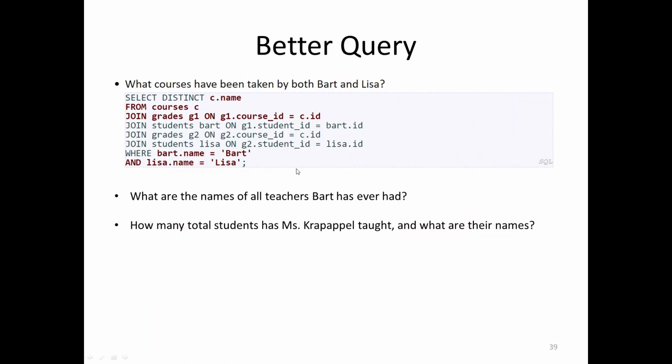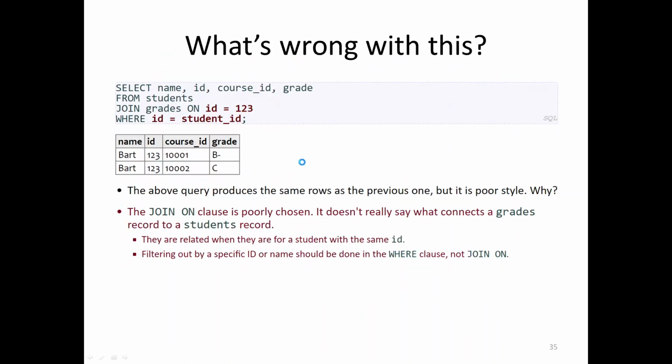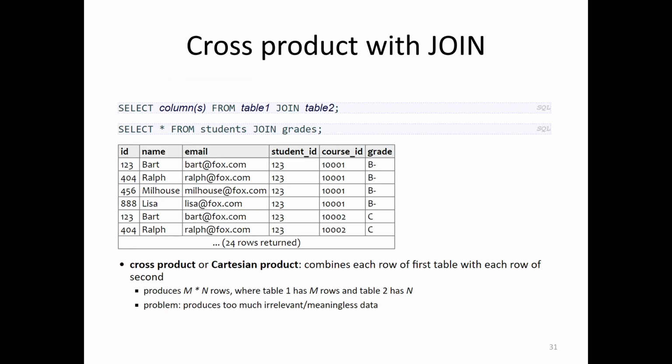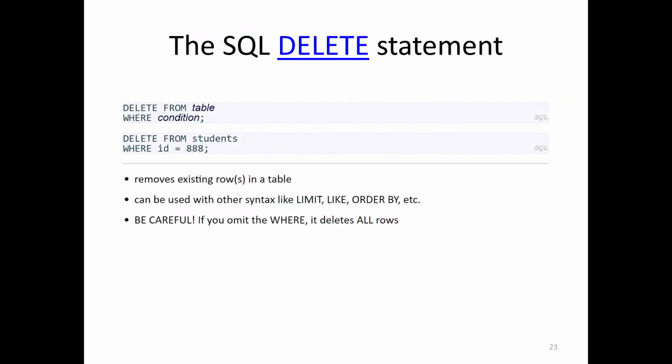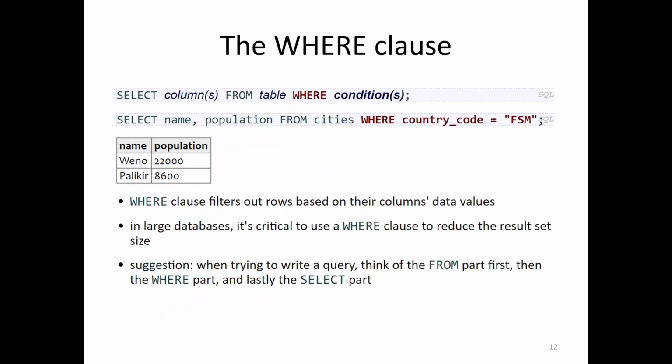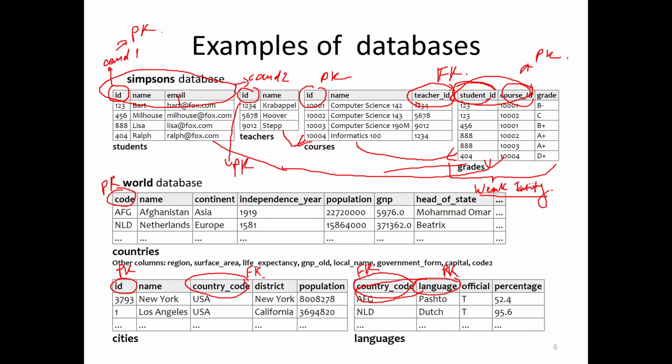If we look into the initial table that we have here, we can see that Bart took these courses, and Lisa has an ID of 888.